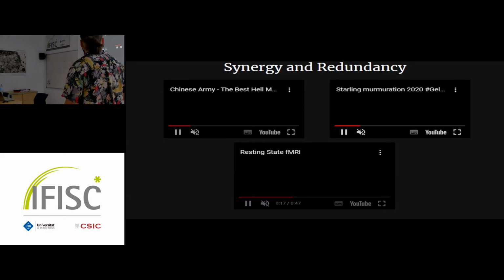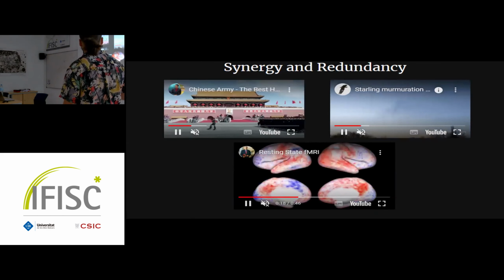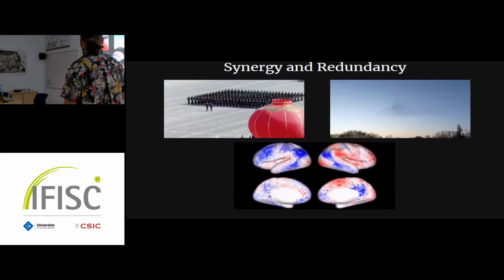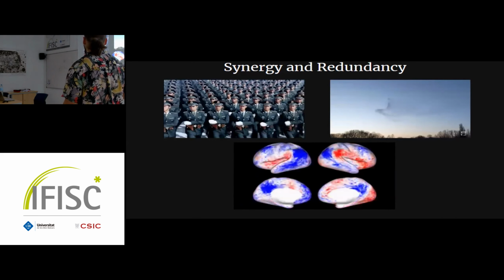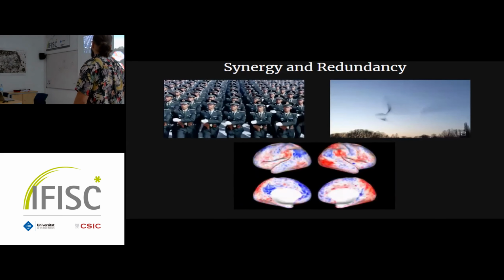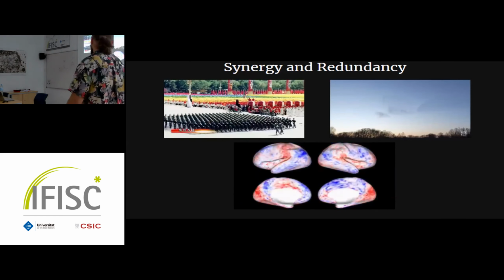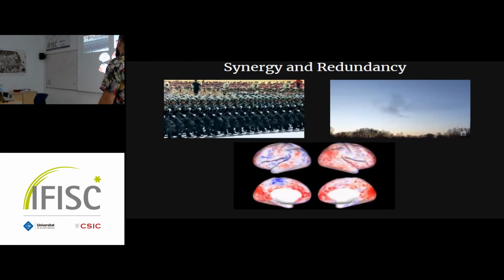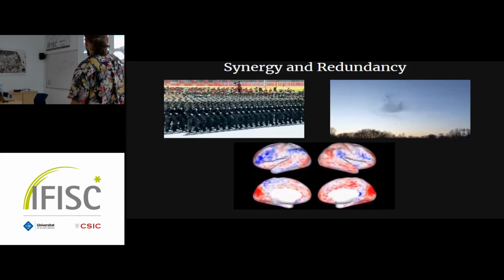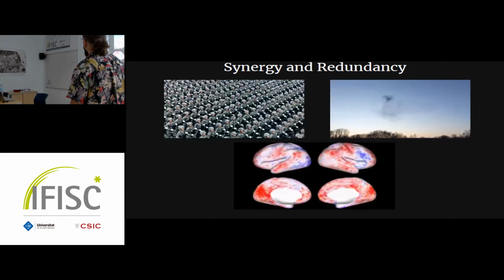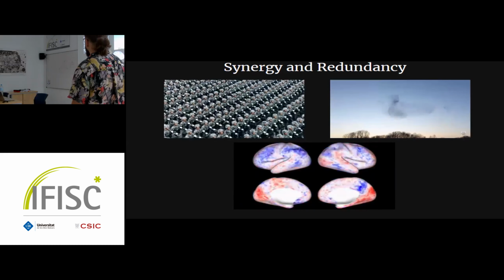Okay, so let's see. Here are some videos to explain graphically synergy and redundancy. The idea here is that you could guess what kind of system is redundant and what kind of system is synergistic. I think it's more or less evident that here I wouldn't say that there's some kind of synergy, just redundancy.